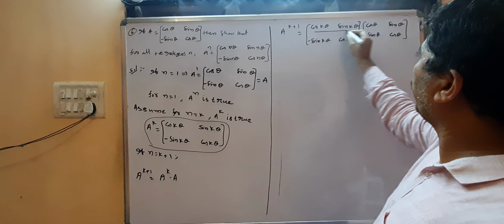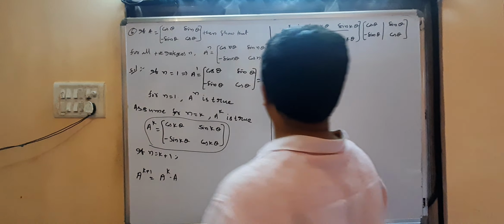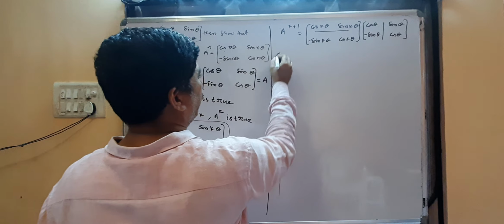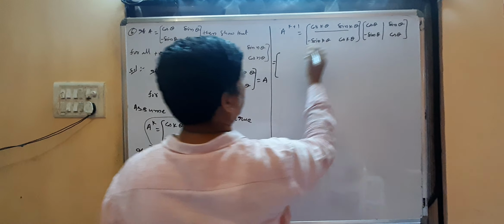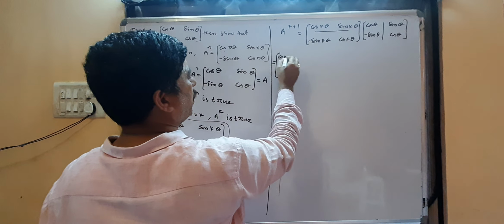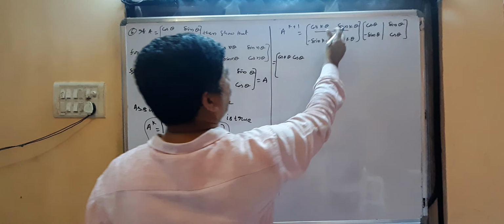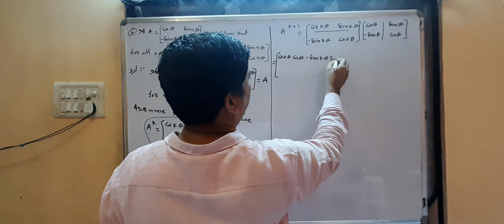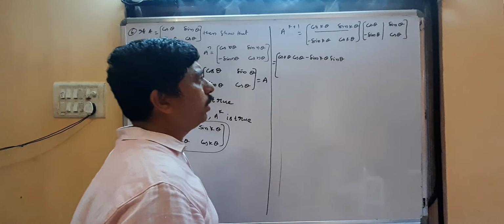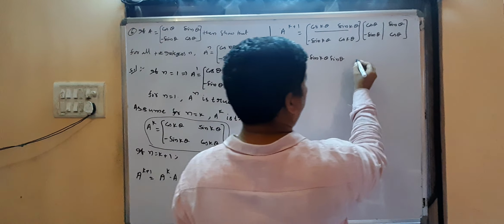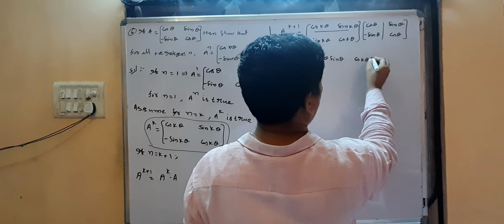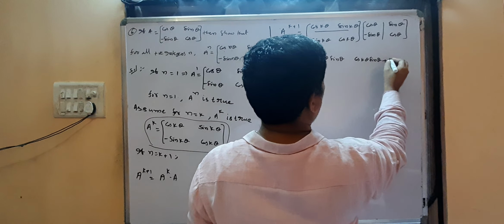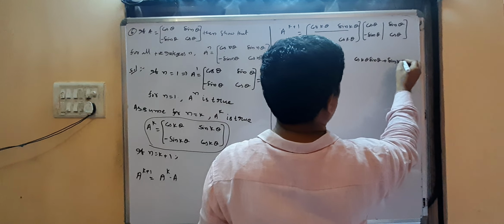Row into column, you can multiply row into column. First row into first column: cos k theta into cos theta, plus into minus, minus sin k theta into sin theta. First row into second column: cos k theta into sin theta plus sin k theta into cos theta.